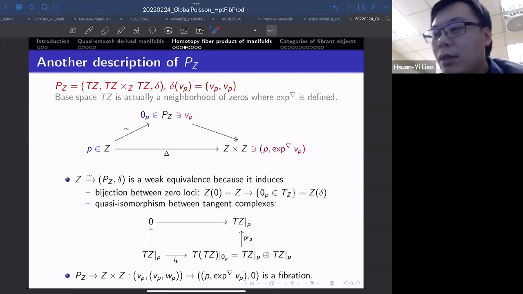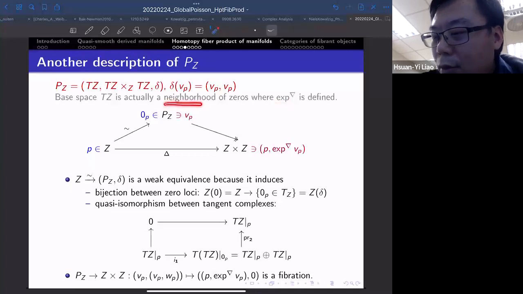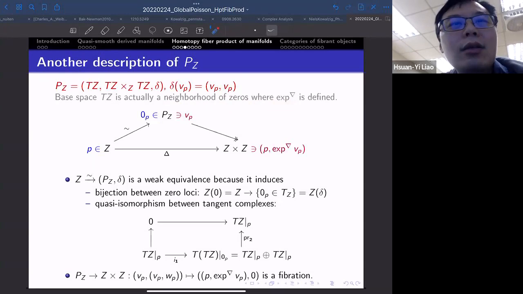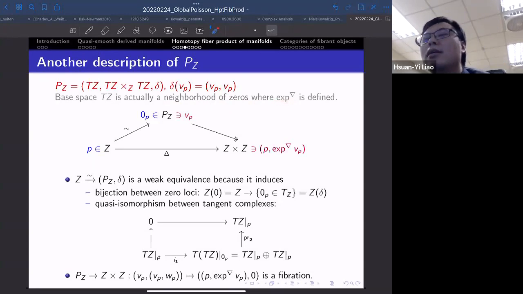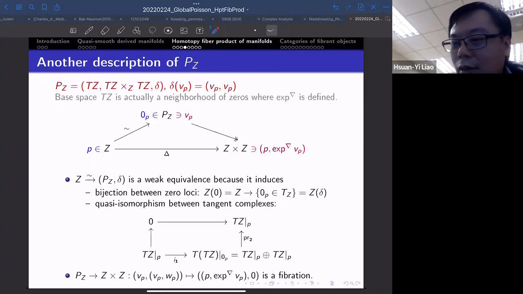Here the exponential map, I'm just looking at the neighborhood of zeros where the exponential is defined. So I don't look at very long geodesics, just very short geodesics. So this is another description of my PZ.